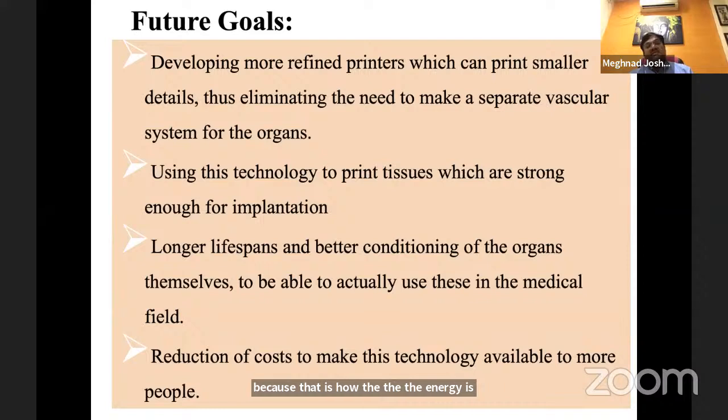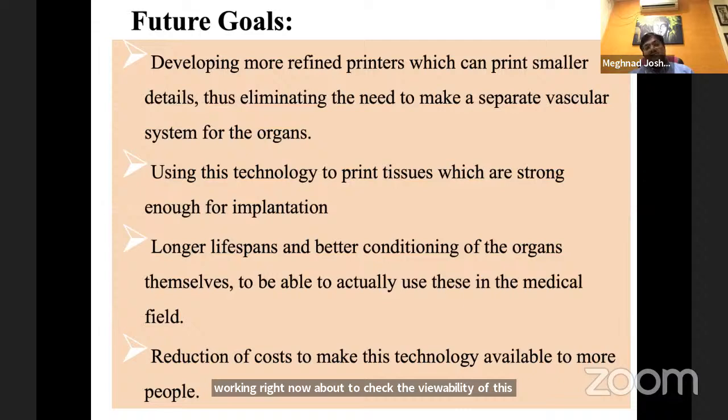Now, we need to use this technology to print tissue which is strong enough for implantation. Even though we are doing a short study, it is more important that one should go for a longer time and study the lifespan of this engineered organ. So this is how we are working right now, to check the durability of these organs in an in vivo system.